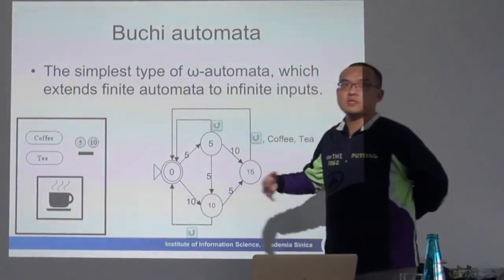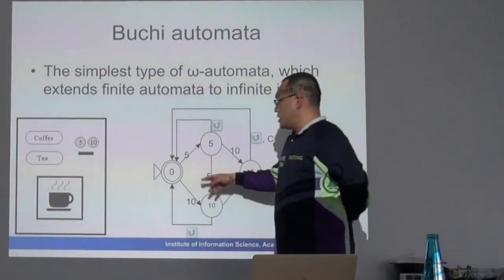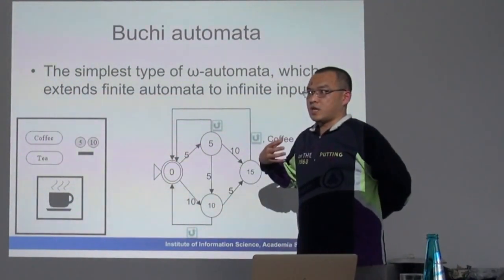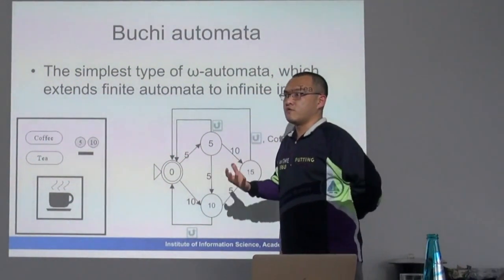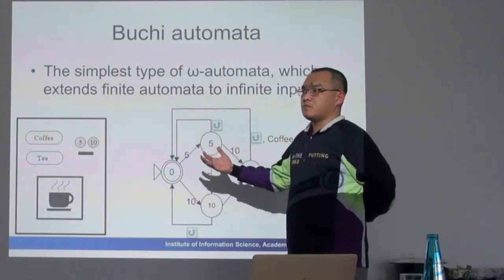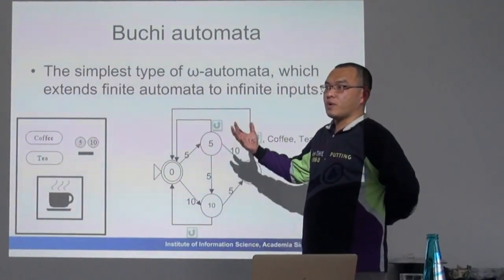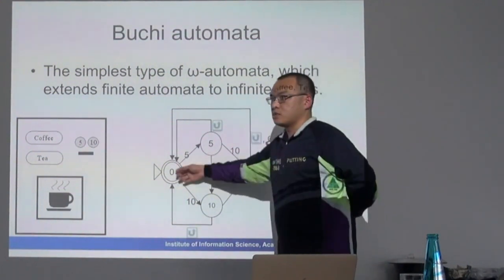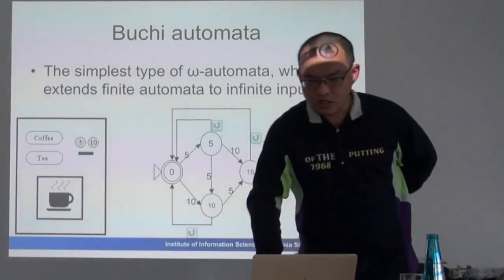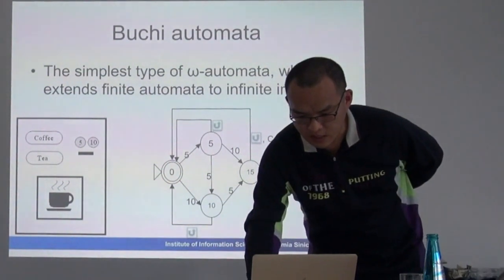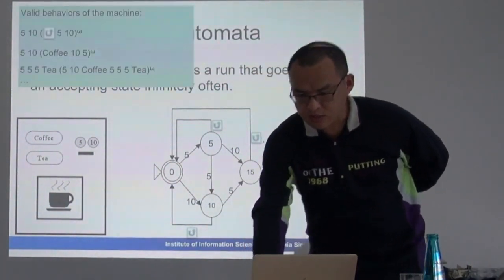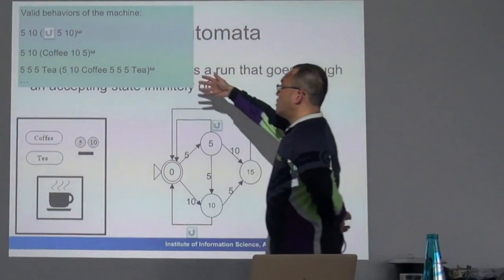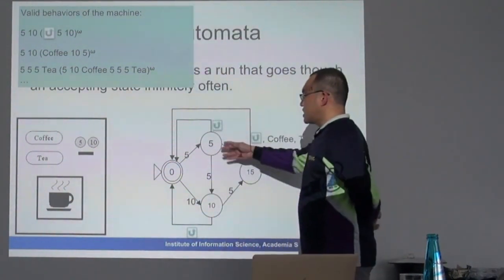Basically, you can imagine this as the initial condition of the machine. It can be an ATM, the default welcome page of an ATM machine. After you do something, you go back to a state like this. So this is the kind of automata. You can check that all the examples that we mentioned before can be accepted by this model.